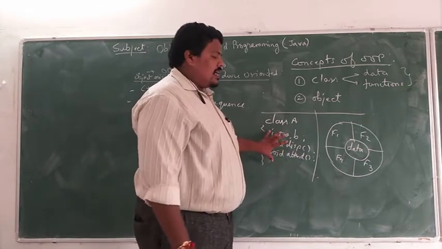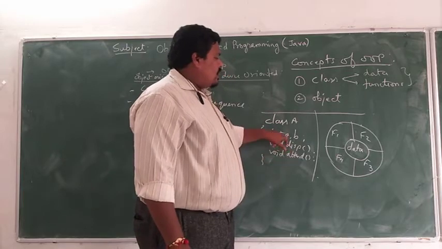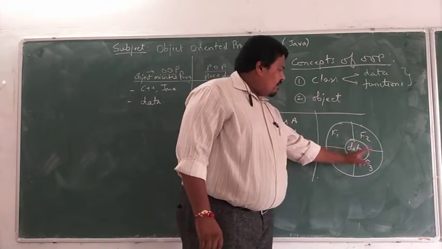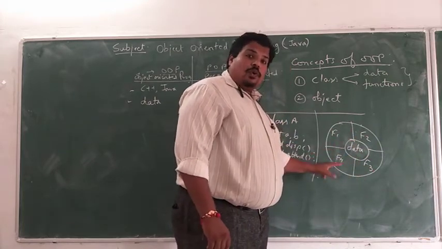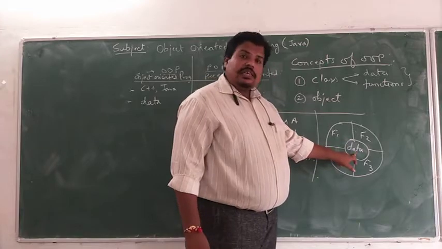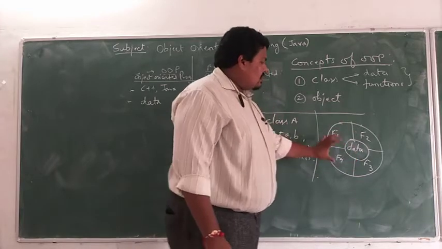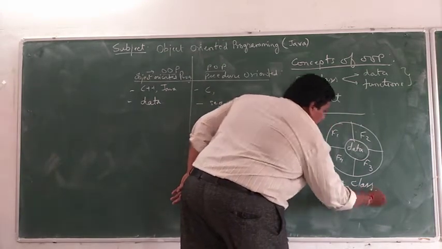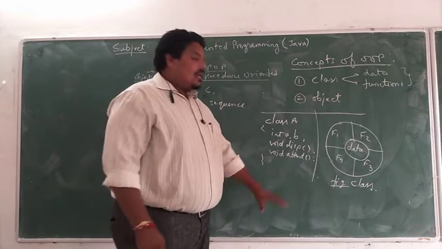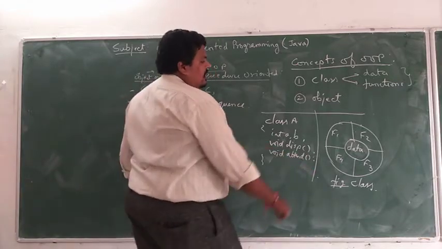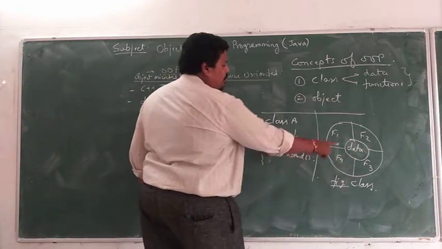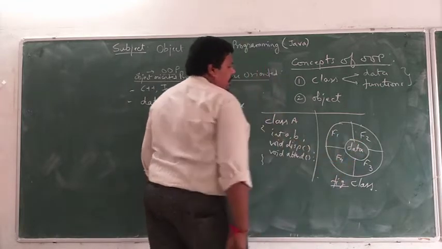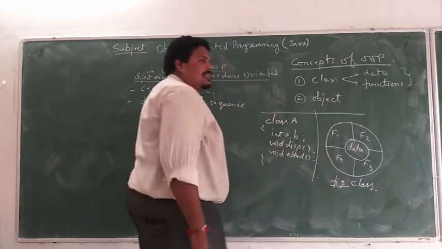So in this case, there are two functions operating on the data, whereas in the generalized picture we have represented F1, F2, F3 and F4, four functions operating on the same data. Clear? So this is the example of a generalized class, where data is said to be the most important part of the system, and there are some number of functions which operate on the same data.